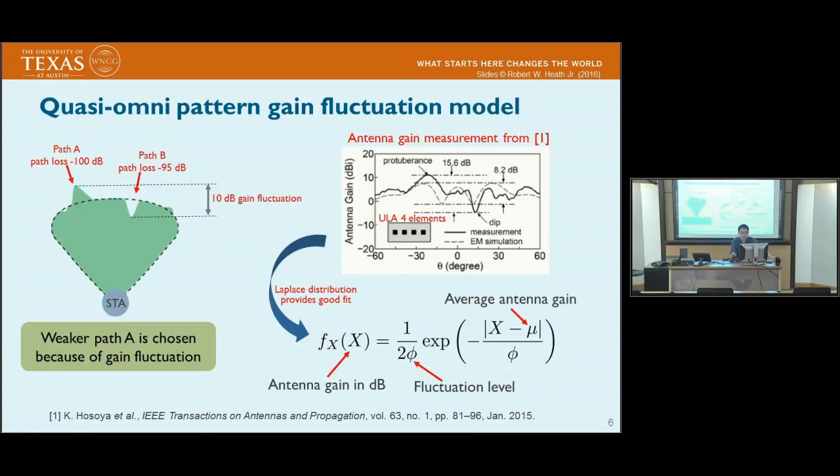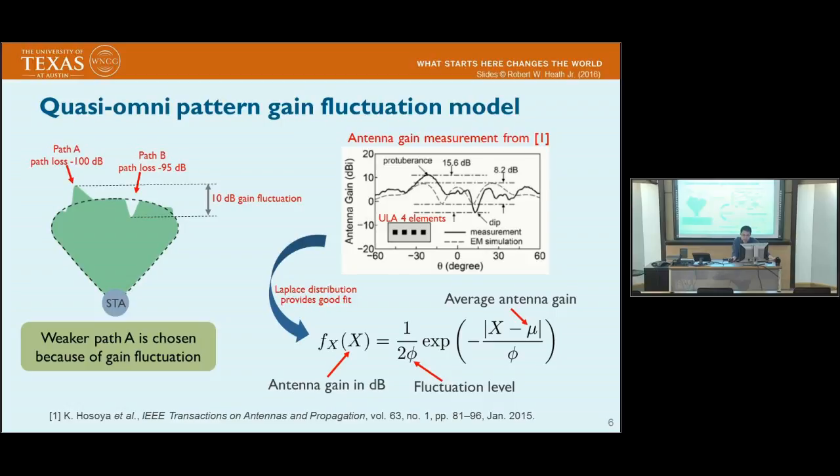The next is the model for the quasi-omni pattern gain fluctuations, and this model is based on the work I cited here. They did some electromagnetic simulations of the realization of the antenna arrays, and as shown here, there is gain fluctuation, which can be very high in certain cases.